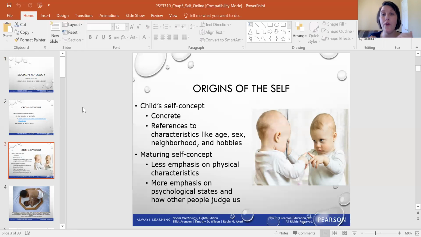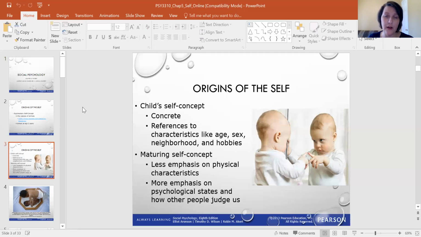And so, focusing on this idea of self-concept is a lot less physical and much more about who we are. I am happy. I'm glad to be here. It's much more emphasis on psychological state rather than physical characteristics. And you also change your answer based on who asks you.